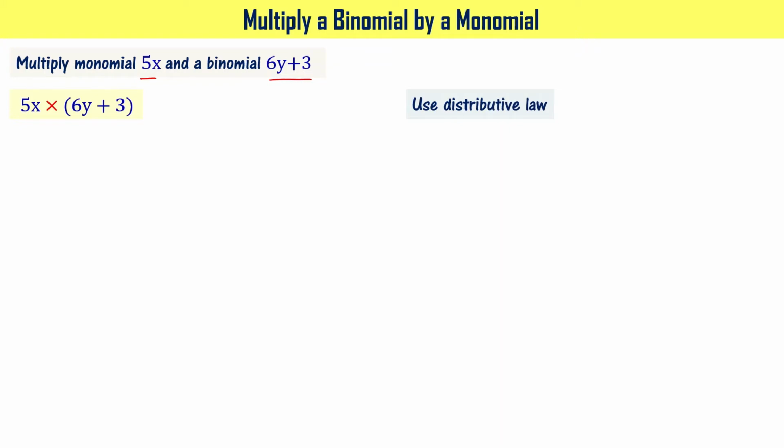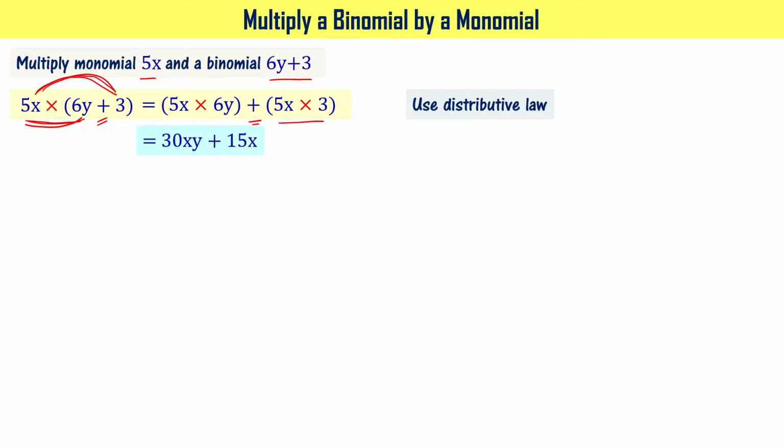It means we consider the multiplication of these two and multiplication of these two separately and then add them. 5x times 6y, that is the first combination we want to multiply and put plus, and then the second combination is 5x and 3, right? That's what we have written. 5x times 6y can be written as 30xy and 5x times 3 is 15x. Let's write that. This is what we are asked to find, right?